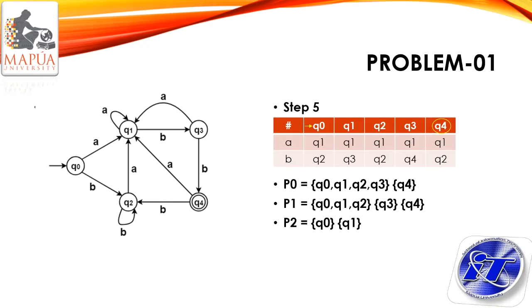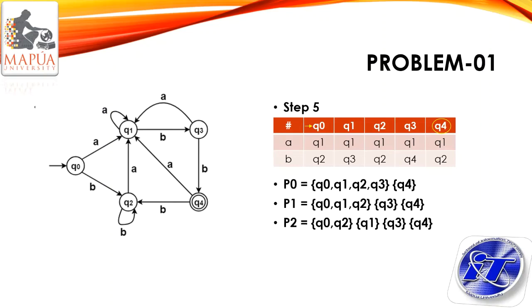How about Q2? Both A and B fall on the same group, so it's the same as Q0. Q2 will be grouped with Q0 since they have the same path. And then I'm just going to copy the other group, which are Q3 and Q4.